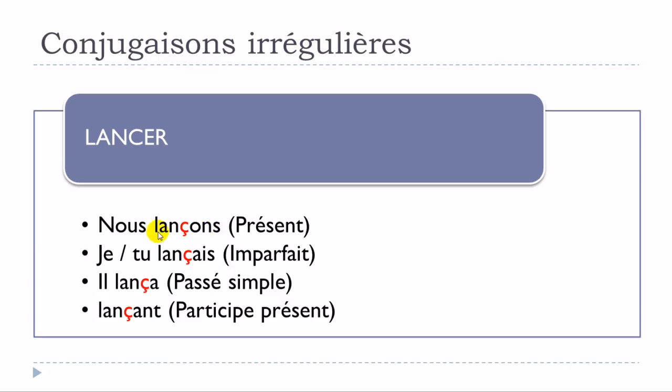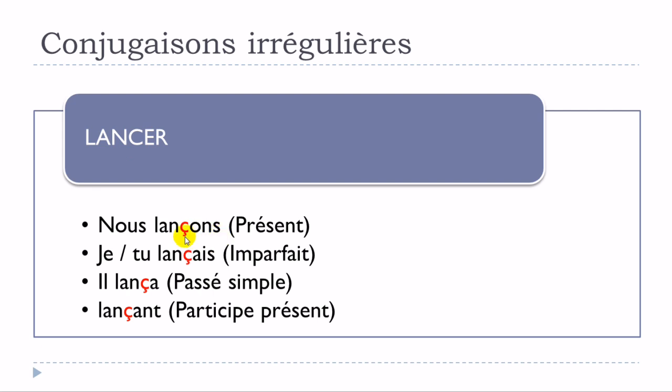But then phonetically, we would get "l'encon". Nous "l'encon", and then the problem would be the difficulty to make the connection between this form and the infinitive, because the infinitive is lancer, okay? And if we get this form "l'encon", it would be quite difficult to make the connection between them. So just to get the sound s that we've got in the infinitive, we only need to put this cédille, okay, and we'll get nous lançons.